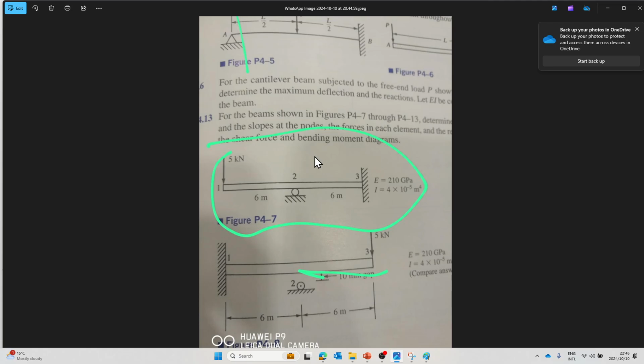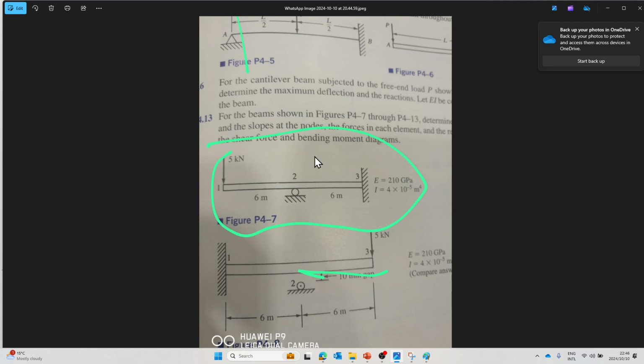Oh no. Why did he pick this question, my brother? No, but you cannot find the bending moment diagram, I don't know if you can find the forces.